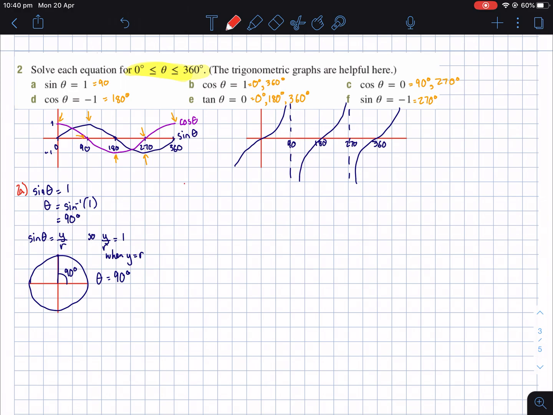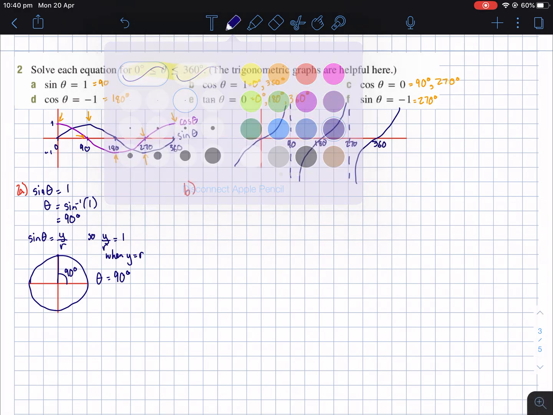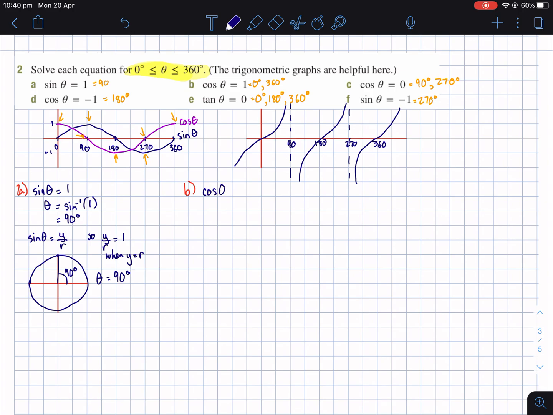For B, we want to know when cos theta equals 1. So if you chuck this in your calculator, it's going to give you 0 degrees. Don't forget cos theta is x on r. So x on r equals 1 when x equals r.